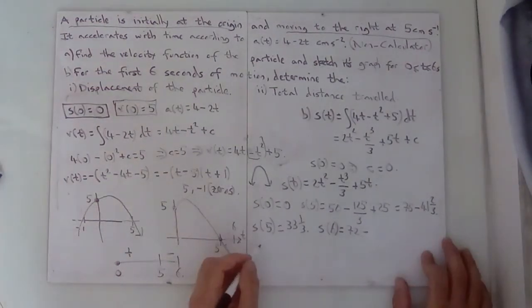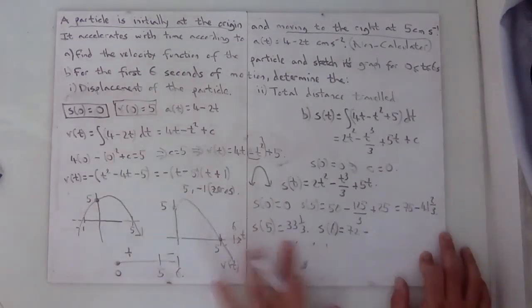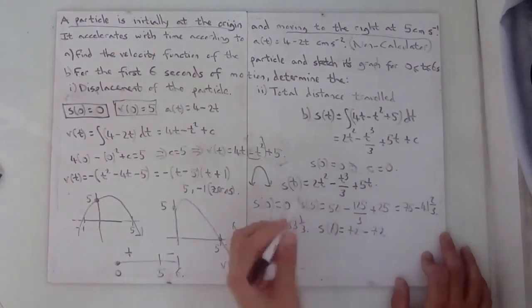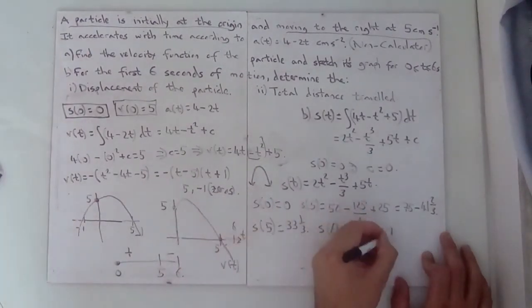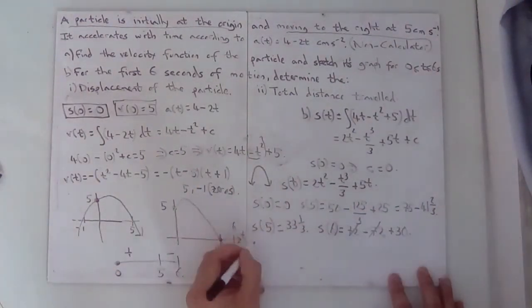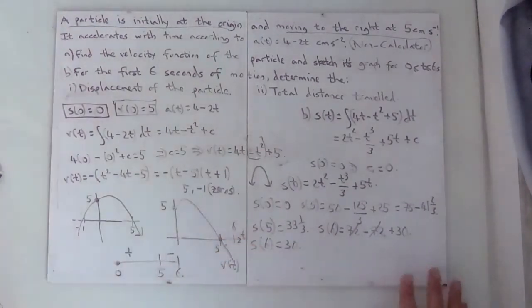Let me just check that. I need to do 36 times 6, which could be times 3 times 2, and then divide it by 3, so it's just 36 times 2, which is another 72. Plus 5 times t, or 5 sixes are 30, so plus 30. So S6 is just 30. Okay, so we've got 3 key values.